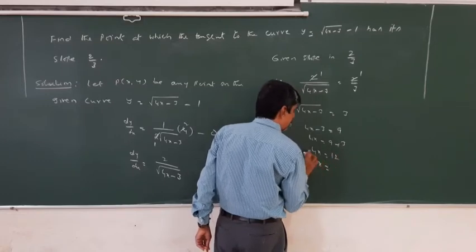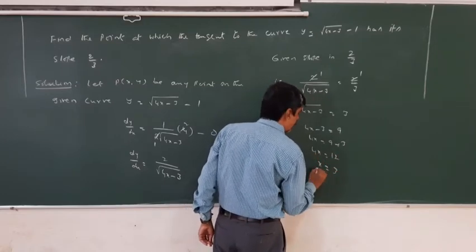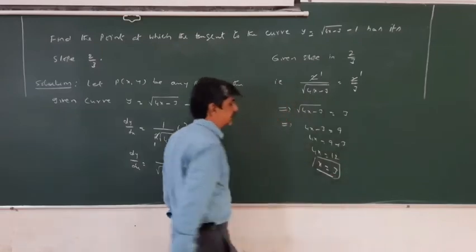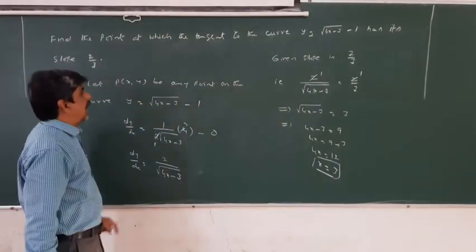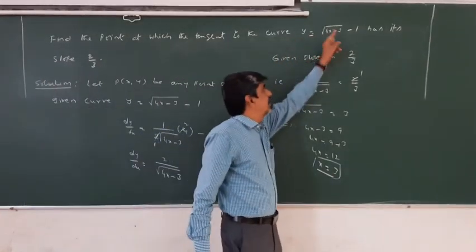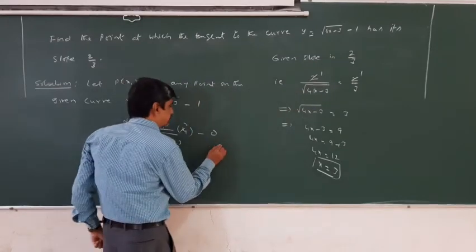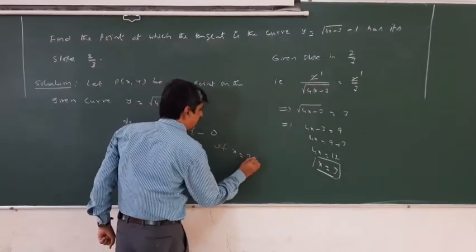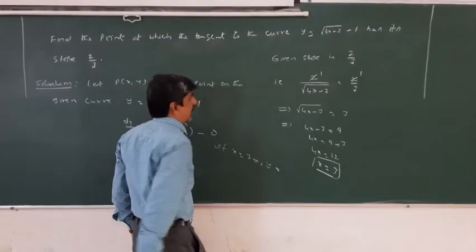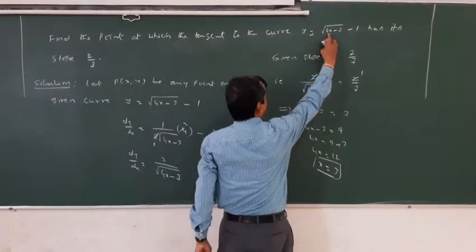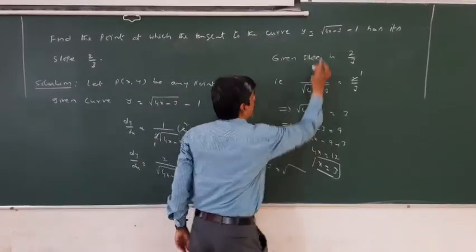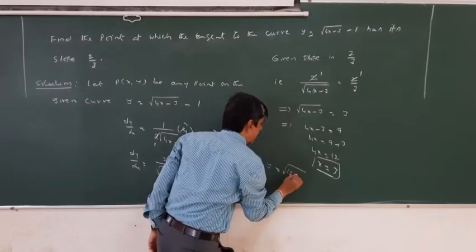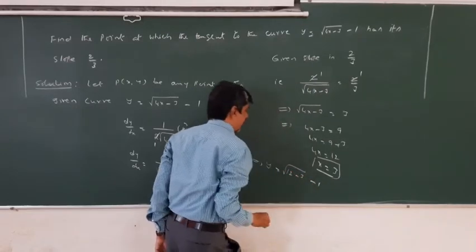X is equal to 12 by 4. So 12 by 4 means the point lies on this curve. If x is equal to 3, then y is equal to, so x is equal to 3 means root over 4 into 3, 12 minus 3, minus 1.